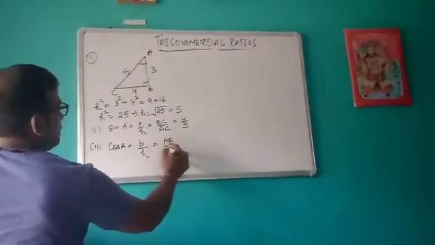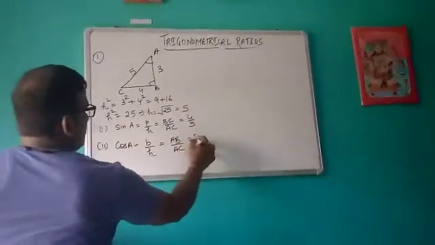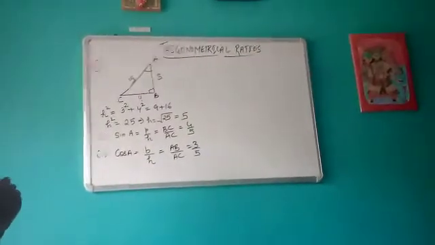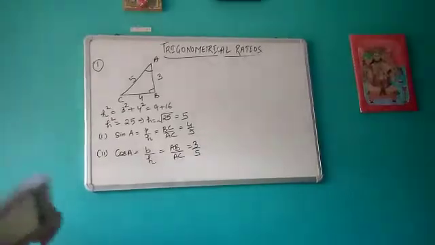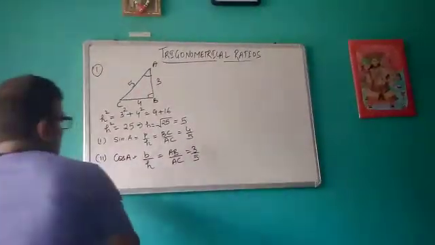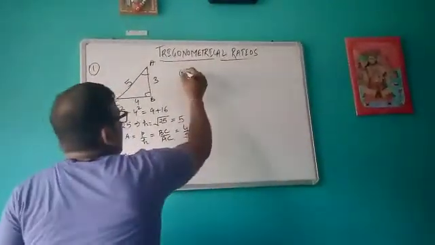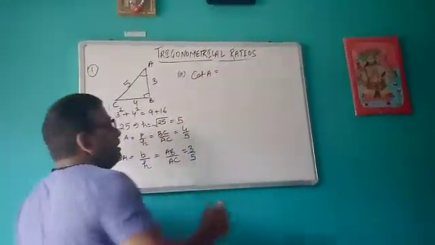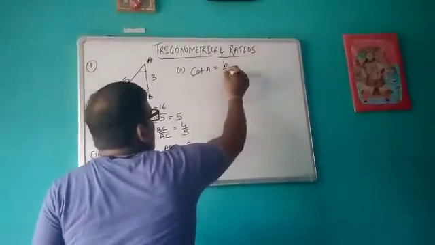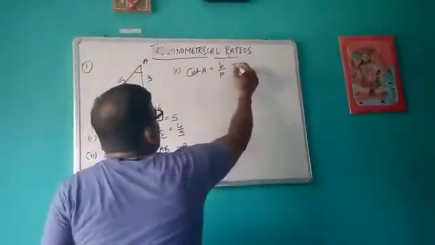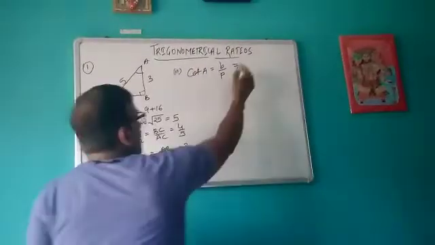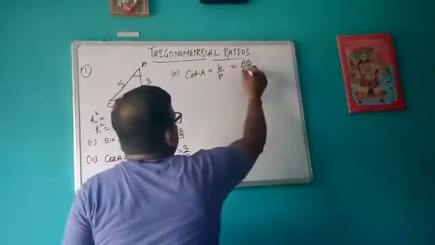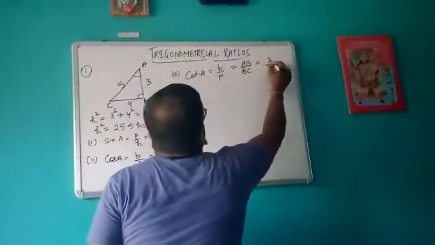AB. And what is the hypotenuse? AC. So it is 3 upon 5. Now the next ratio asked is cot of A. What was cot? It was B upon P. What was the base? AB. And what was our perpendicular? BC. So it is 3 upon 4.